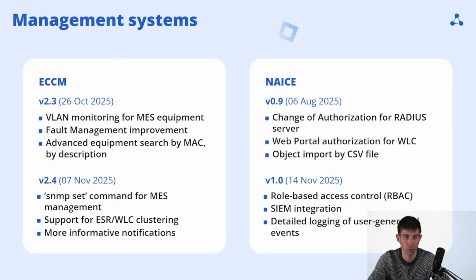And you can see the changes in version 2.3 we recently released. I'd like to highlight our fault management system improvement in this one, allowing you to have more informative fault messages that can be formatted in a particular way that is valuable for your network administrators, and advanced search within this management system.